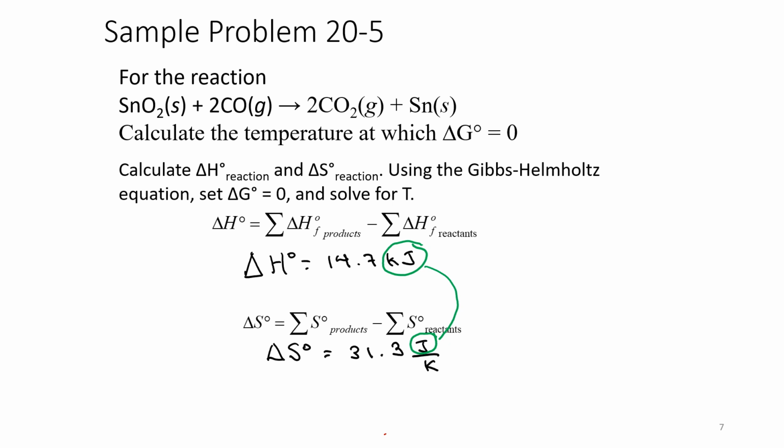You could convert your delta H into joules and it'll work perfectly fine, but I'm just going to do it this way, and I'm dividing by 1,000, so I get 0.0313 kilojoules per Kelvin. All right, now we can work on the second part of the problem, where we're going to set our delta G equal to 0 and solve for T, which we'll do on the next slide.